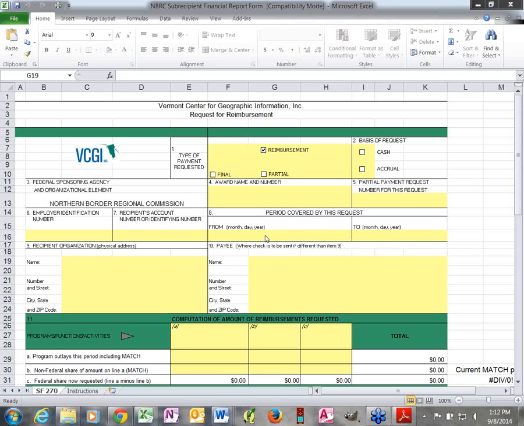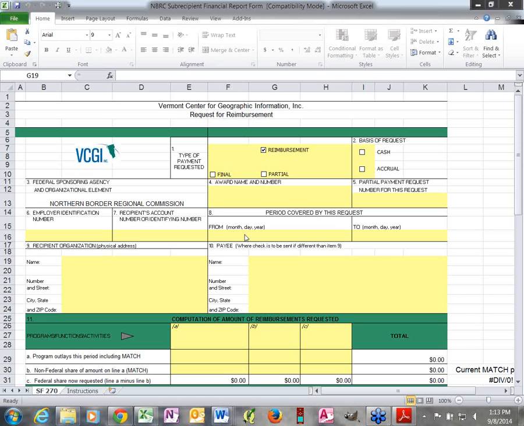And I will point out again that in order to request reimbursement for stuff that happens in a particular period, that period has to be completely within the period that is identified on the contract as well. So we want to make sure that the starting date on the contract is right. So Tara, in your case, since we don't have that yet, I have a feeling I'm going to have to go back and fix this a few times, but we'll see.